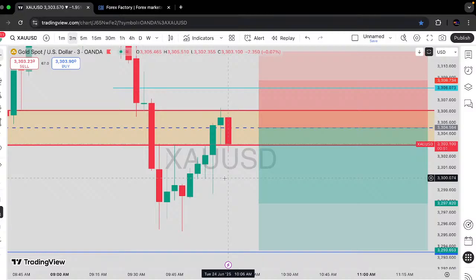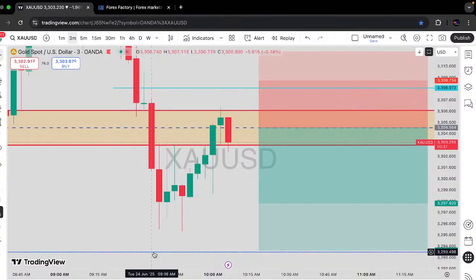I'm just expecting the next candle to drop below and make a fair value gap, and if that happens, you'll see price coming like a rocket to 3,293.498. So let's see how this pans out.